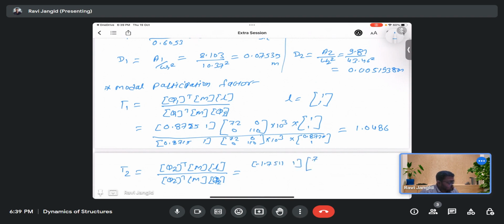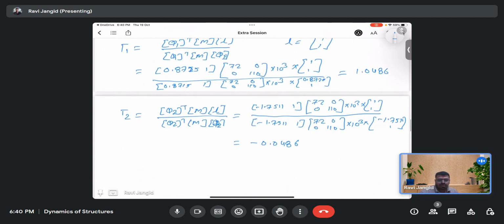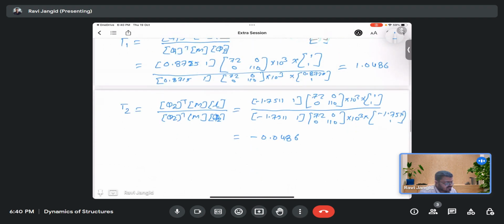Then the mass matrix is 72,001,110 into 10 raised to power 3. If you do that, you will find it as minus 0.0486.